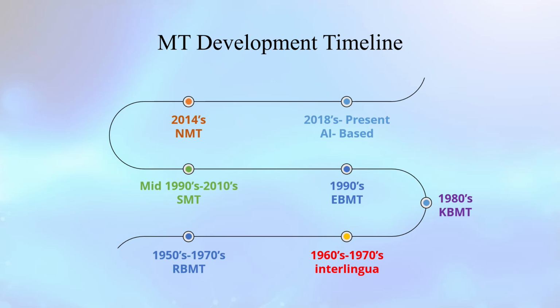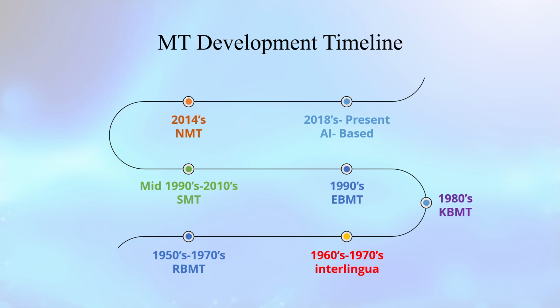From the mid-1990s to the 2010s, the statistical machine translation approach was dominant, and it relied on large bilingual corpora and probabilities. A major development in the history of machine translation approaches arrived in 2014 with the advent of the neural machine translation approach.